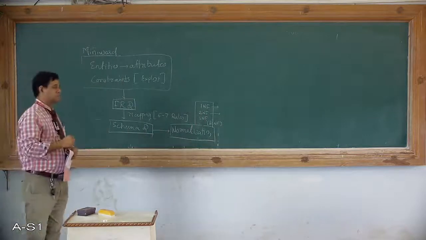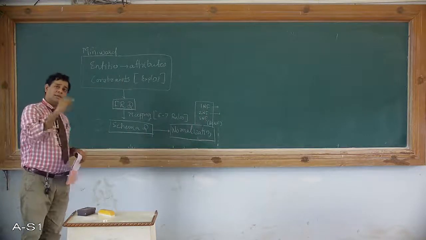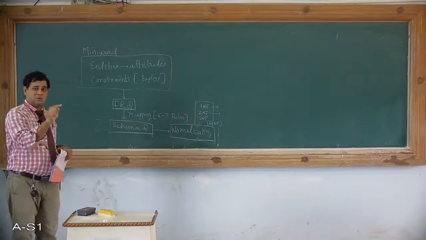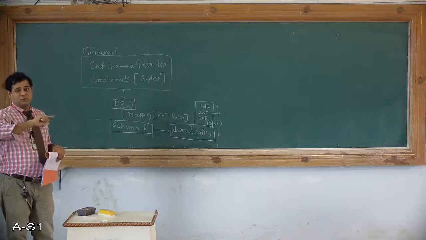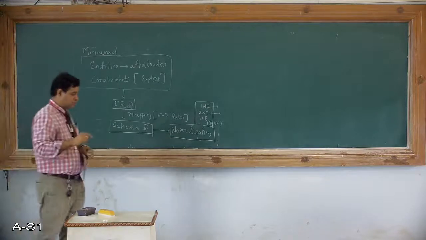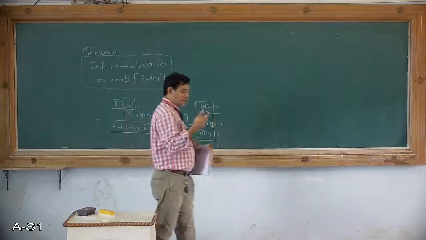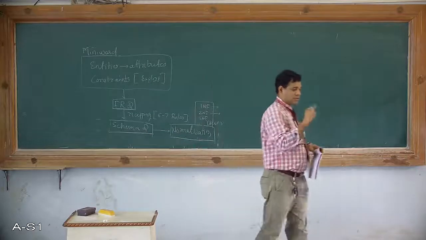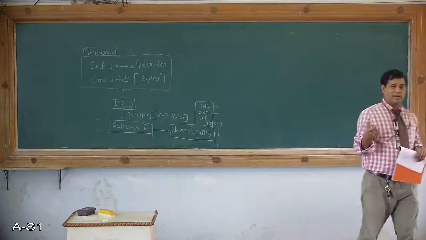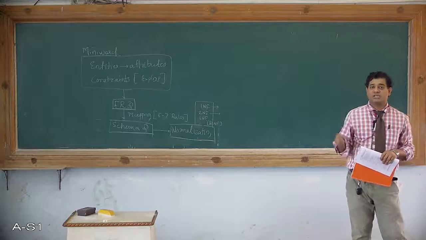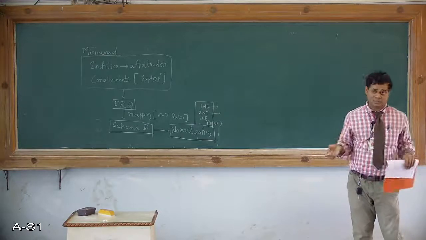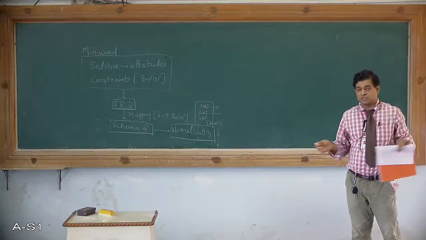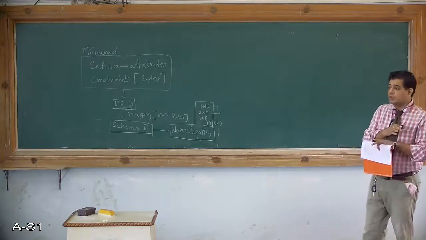That means one attribute decides the second attribute, and the second attribute decides the third attribute, so the first attribute decides the third attribute. This is like X arrow Y, Y arrow Z. If such dependencies exist, we need to remove them. That means again we need to break the tables. Normalization means we are going to break the tables.